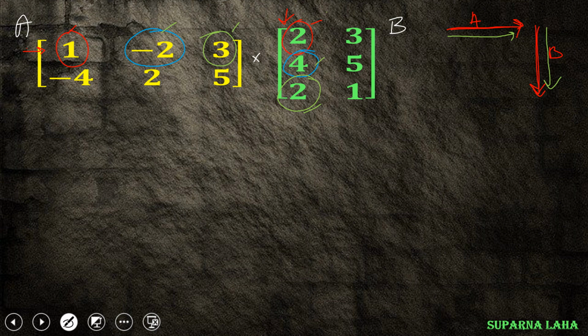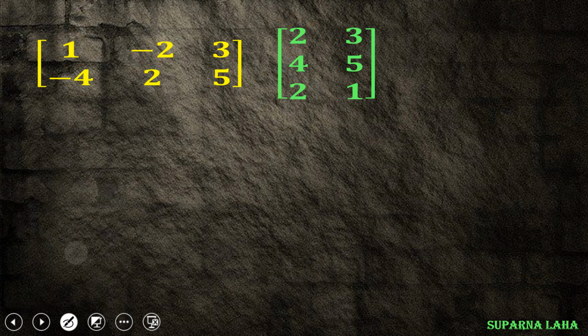Now let's talk about its order. What is the order of this matrix A? It is given as a 2 by 3 matrix, and the second one, that is B, is a 3 by 2 matrix.